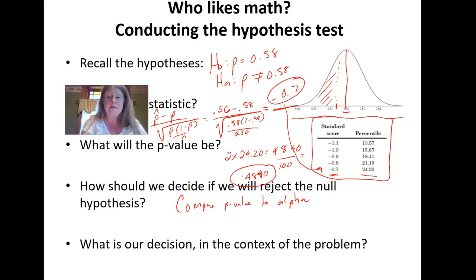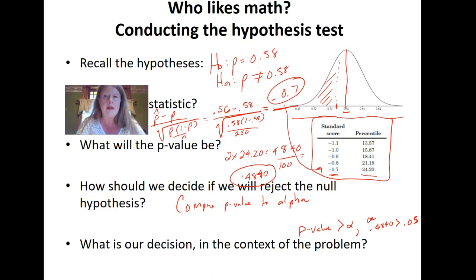In our case, our p-value is greater than alpha, or 0.4840 is obviously greater than 0.05. So we are going to fail to reject the null hypothesis.